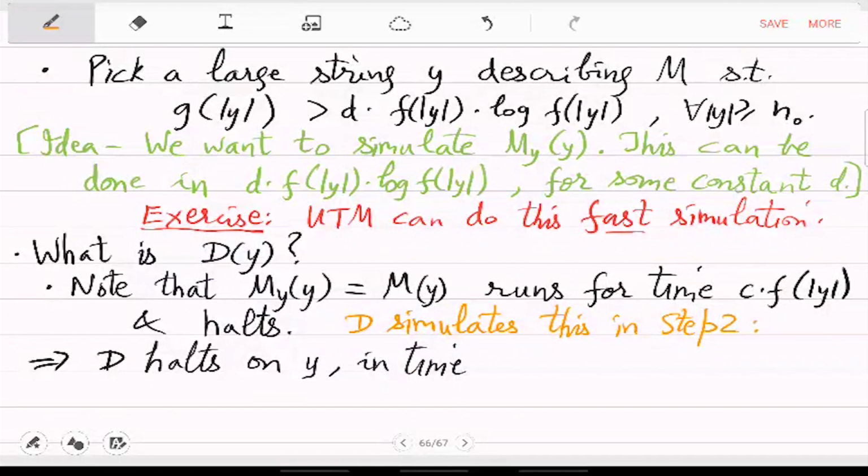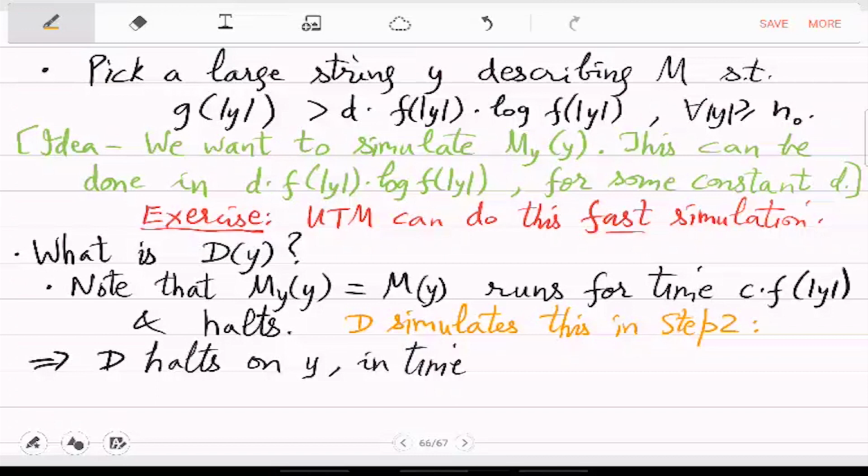D will be simulating M_y on y, which originally on itself would have been possible in c times f(y).